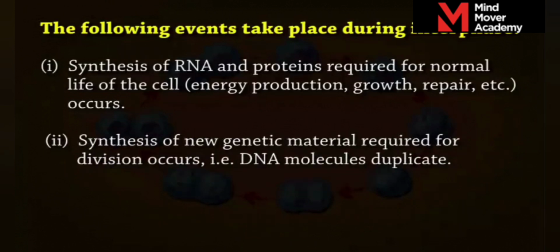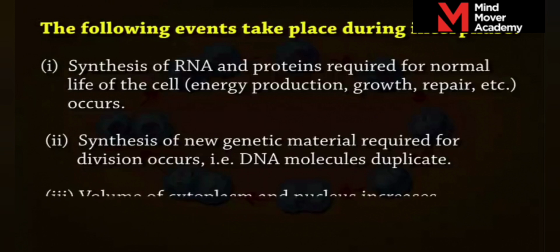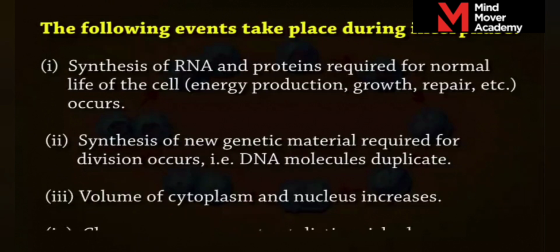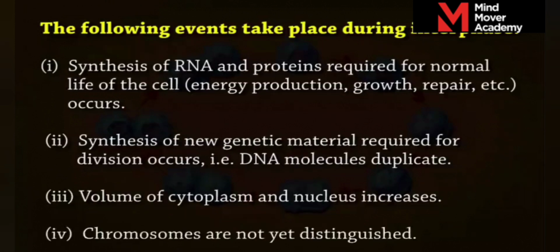Synthesis of new genetic material required for division occurs, that is, DNA molecules duplicate. 3. Volume of cytoplasm and nucleus increases. 4. Chromosomes are not yet distinguished.